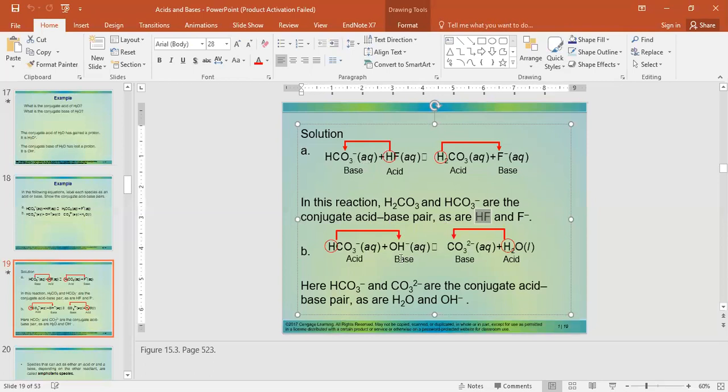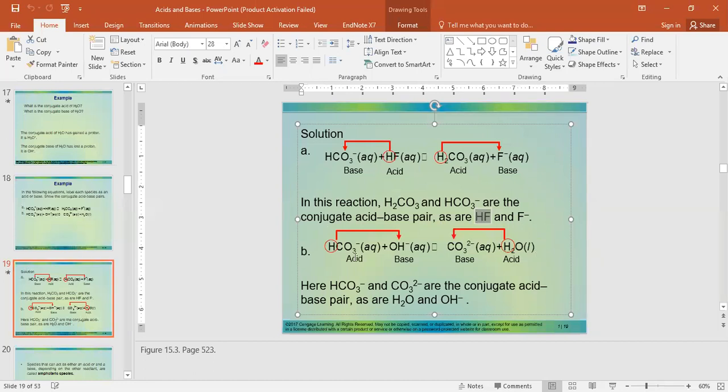So you'll realize that this is a base. Here it becomes a base, and the water becomes an acid. And therefore, when you look at the hydrogen carbonate and the carbonate ion, these differ by one proton, and therefore they are conjugate acid-base pairs. Similarly, this hydroxyl ion and the water differ by one proton, and they are also conjugate acid-base pairs.